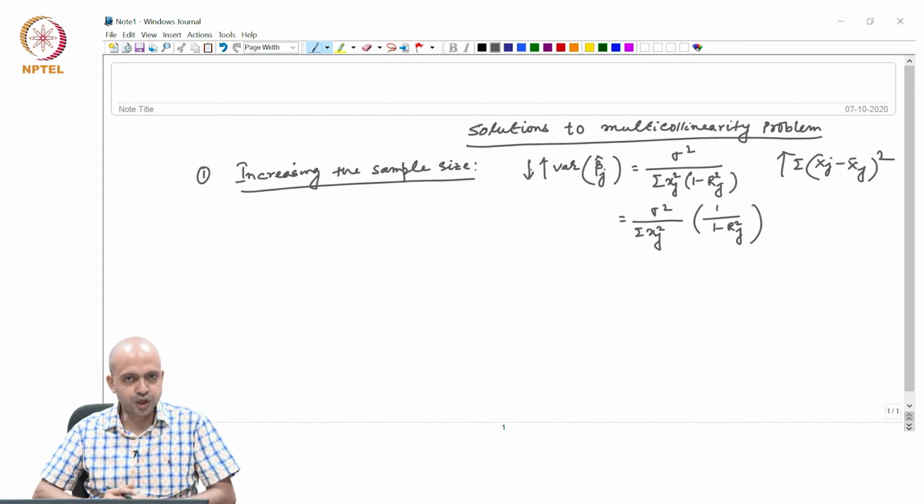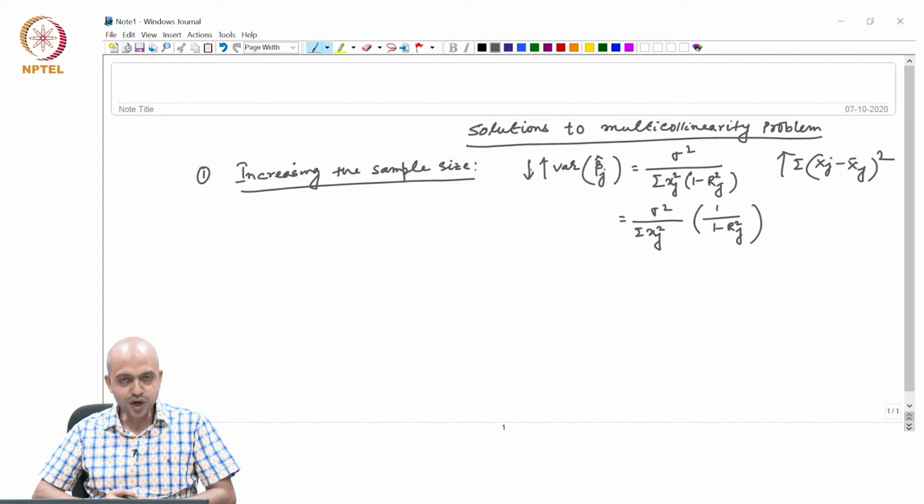The other thing that happens when you increase the sample size, as I told you earlier: suppose you are working on a consumption function, which is basically a function of income and wealth. What you need in your sample is for the two variables, income and wealth, not to be correlated, because while specifying the model, the theory suggests that in the population these two variables are not correlated.